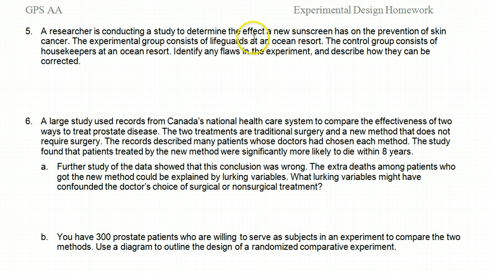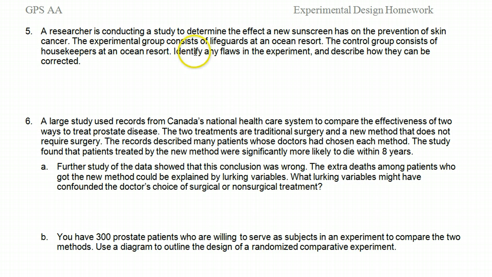We're talking about sunscreen, and obviously the lifeguards are out in the sun, and the housekeepers are inside. So if it were to turn out, for example, that the lifeguards are getting more cancer as the years go by, we wouldn't know whether it has anything to do with the sunscreen or whether it's because they are out in the sun.